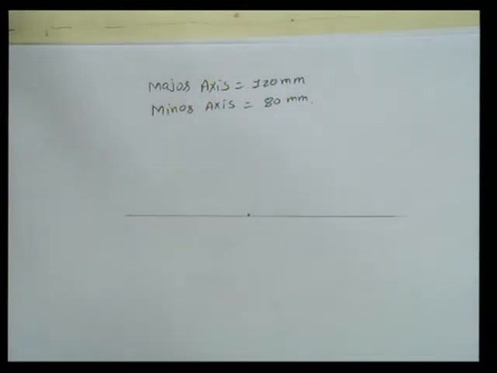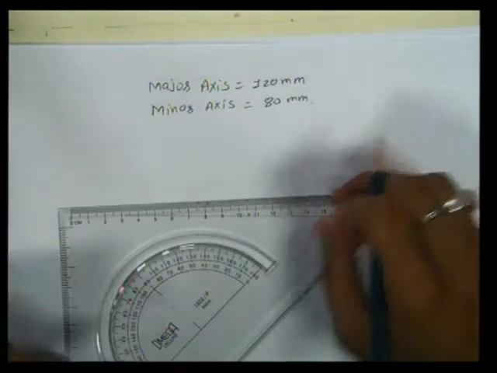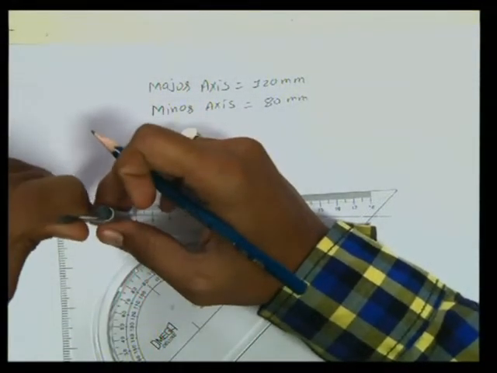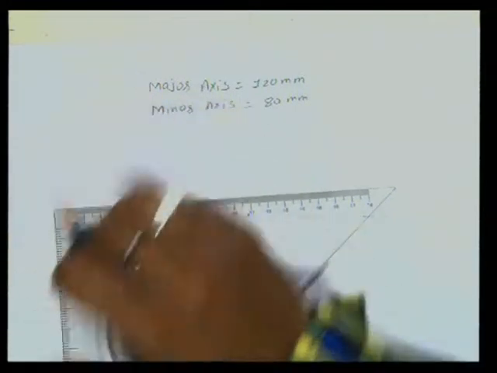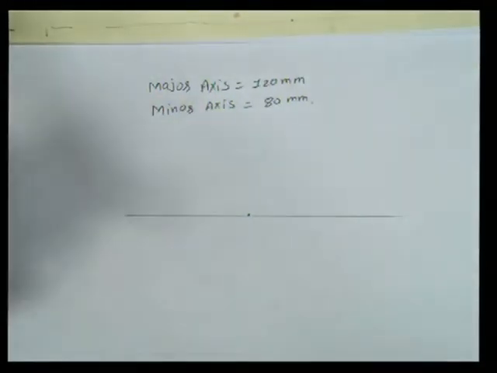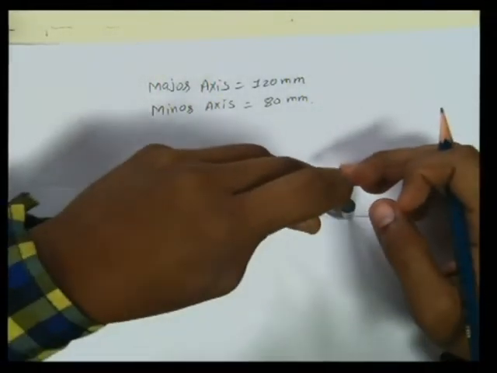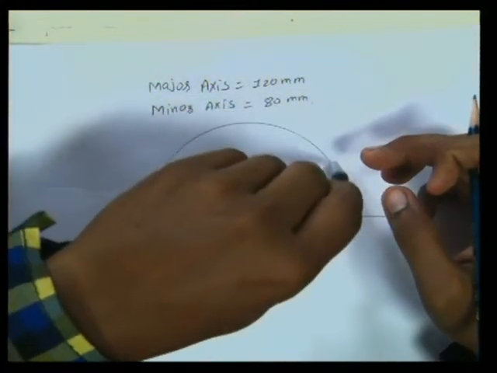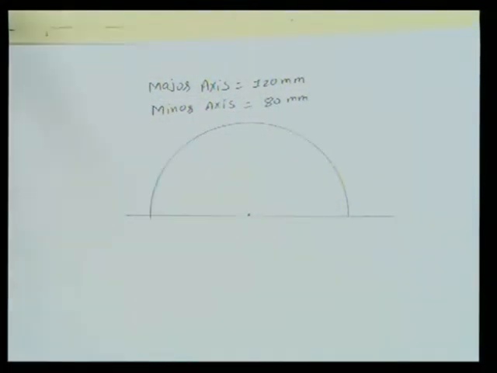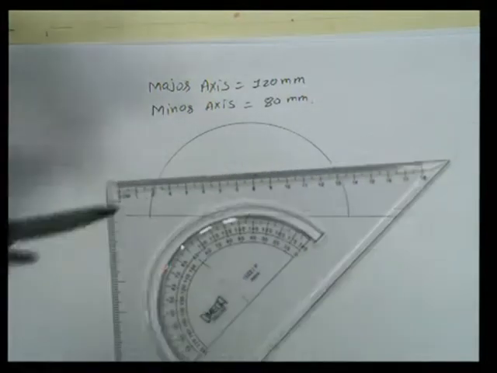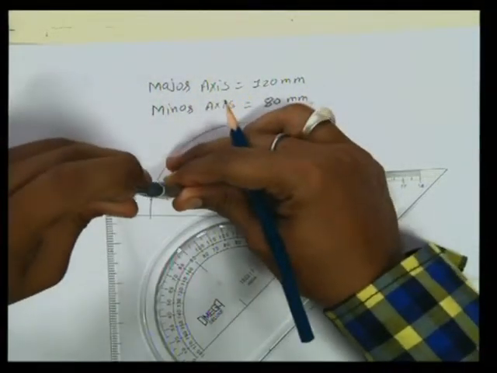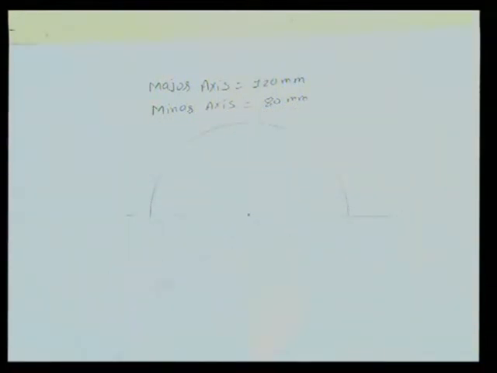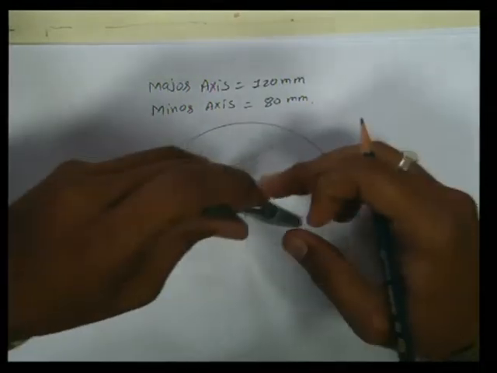Major axis is given as 120 mm, which means that we need to take a radius of 60 mm and draw a semicircle. Minor axis is given as 80 mm, which means that we need to draw a radius of 40 mm.